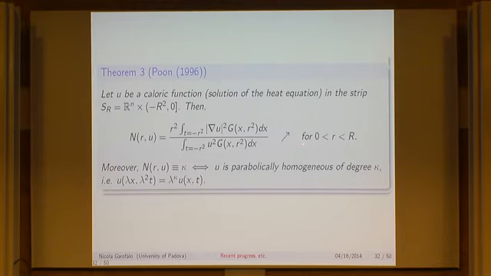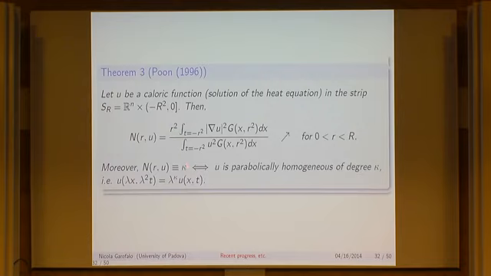Here you have to think of this as a global version of the energy. So you opened up the ball somehow and multiplied by the Gaussian measure. Remember, this is a one-parameter family of Gaussian measures. And this is the equivalent of the height function.